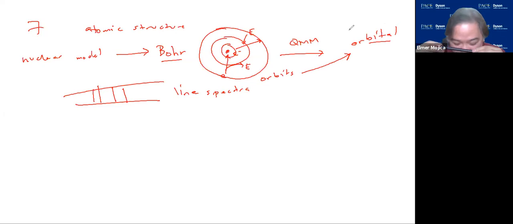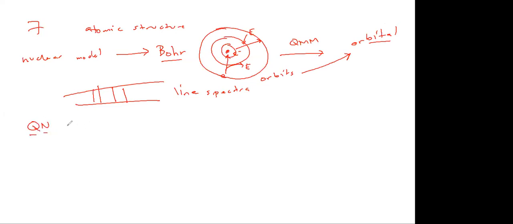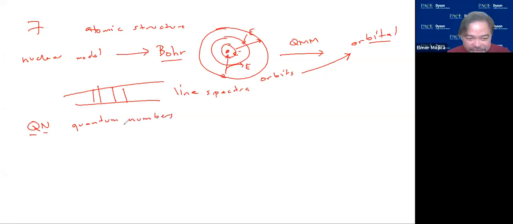Okay? And we said the orbital is defined by what? Quantum numbers. So usually an orbital can be characterized by the first three quantum numbers, the n, the l, and the m sub l.